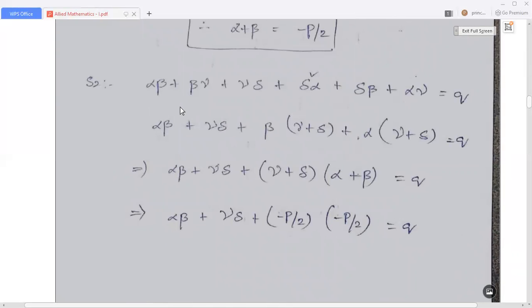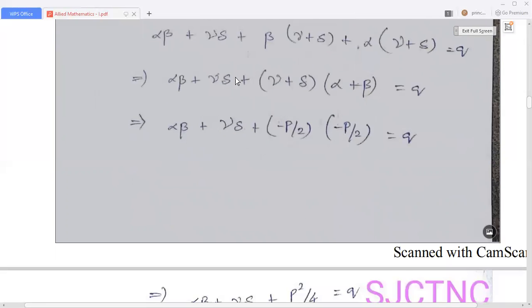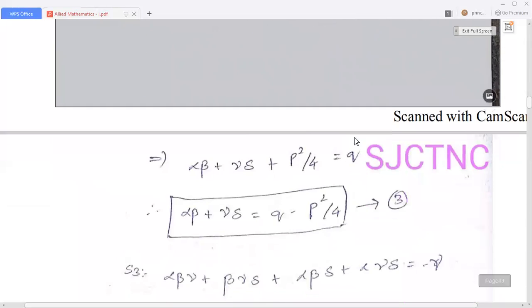Next, write the sum of product of roots taken 2 at a time. That's alpha beta plus beta gamma plus gamma delta plus delta alpha plus delta beta plus gamma alpha, that is equal to q. When you simplify this, we get alpha beta plus gamma delta plus minus p by 2 into minus p by 2 equal to q.